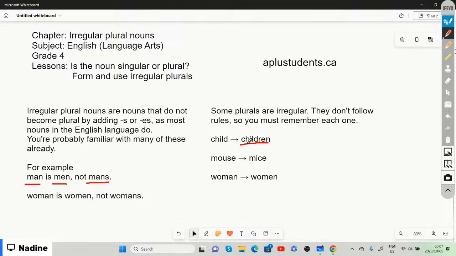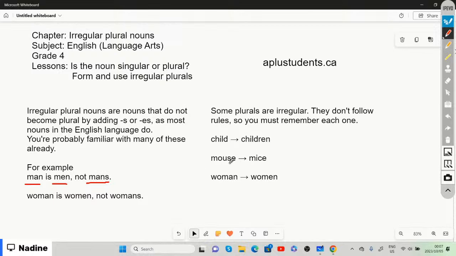So the children, or the two children, or the three children are playing the piano. Not two childs, not three childs. We don't just add an S. Can you see the wording changes? From child, more than one child is children.